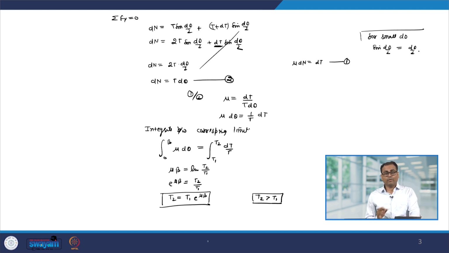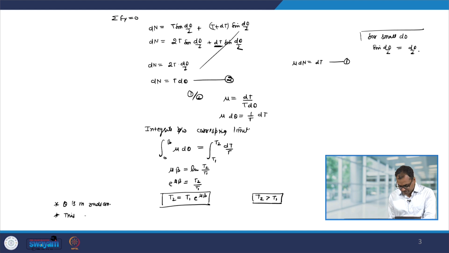Now, let us look at two very important points about this formula. Number one, theta here is in radian, and another important point is that in this formula the radius of the drum has not come into the picture.